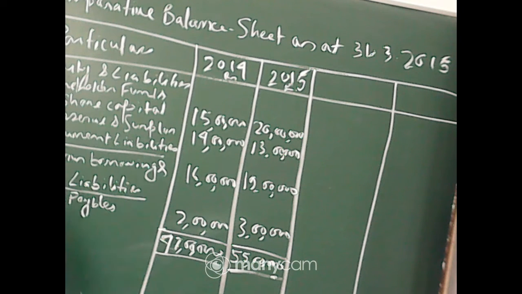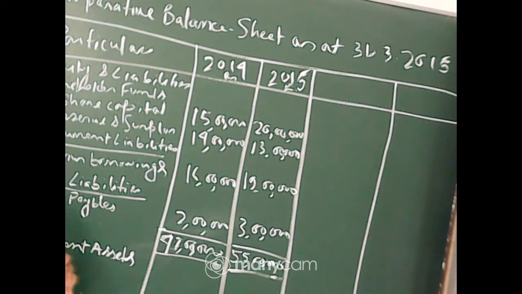Now come to the asset side. On the asset side, first is non-current asset. Number 1 is non-current asset. Non-current asset means fixed asset. Under non-current asset, number A is fixed asset.